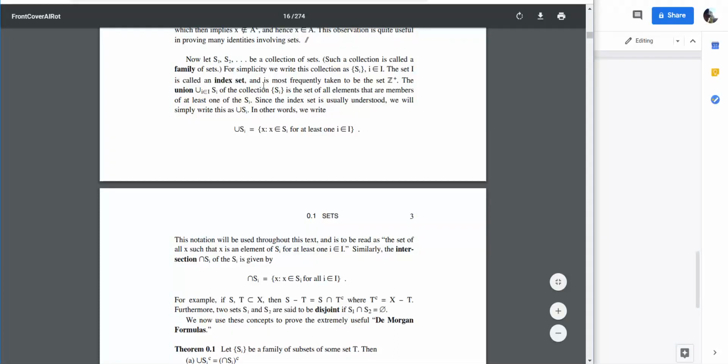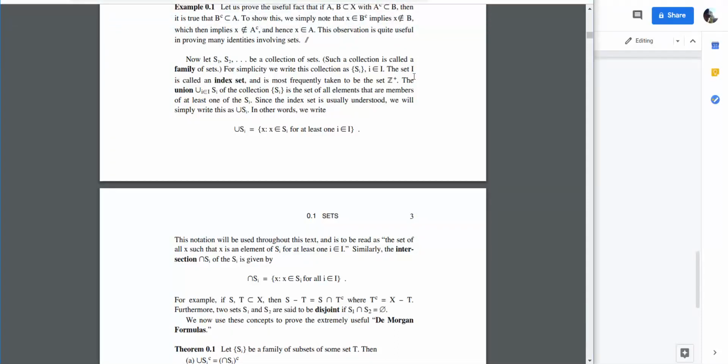In this case, the set I is indicated to be the positive integers. So we have 1, 2, 3, 4, 5, 6, and so on to infinity. The elements of this set are used to label the collection of sets here, and the positive integers in this case are called the index set.